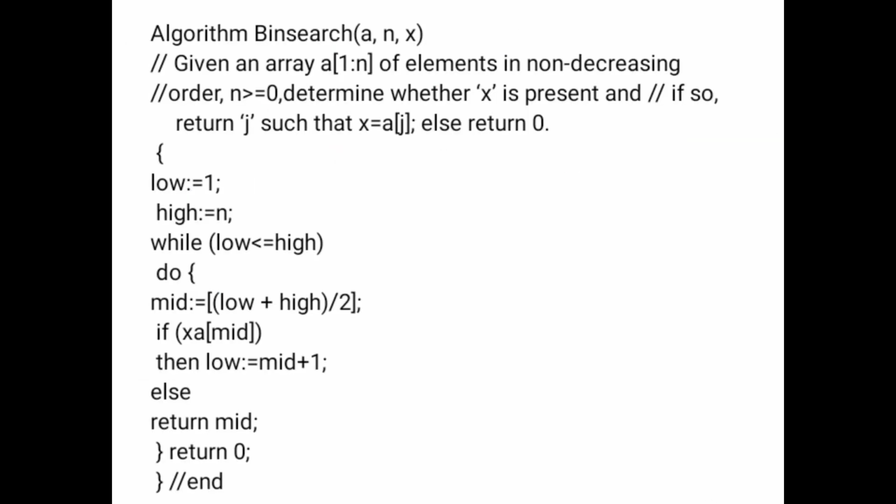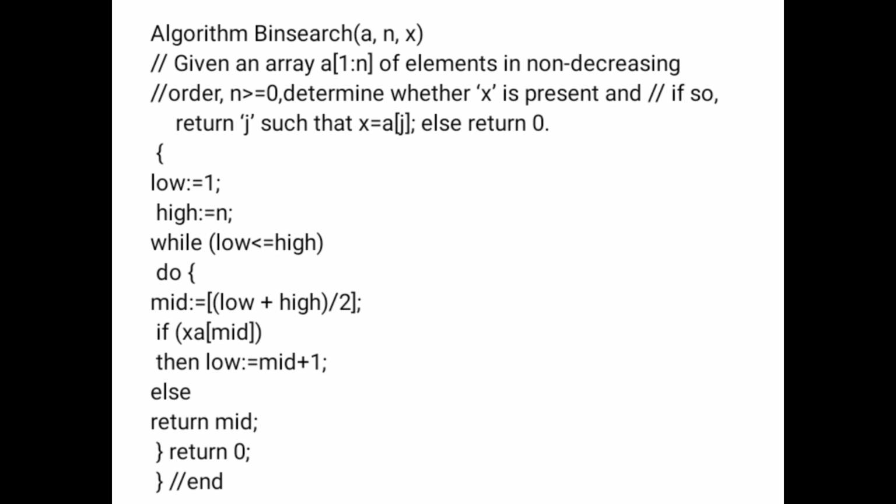Now we will see the algorithm. Given an array A of 1 to n elements in non-decreasing order, you take two indices, low which points to position 1 and high to n. While low is less than or equal to high, do mid equal to (low plus high) divided by 2. You are finding the middle element.